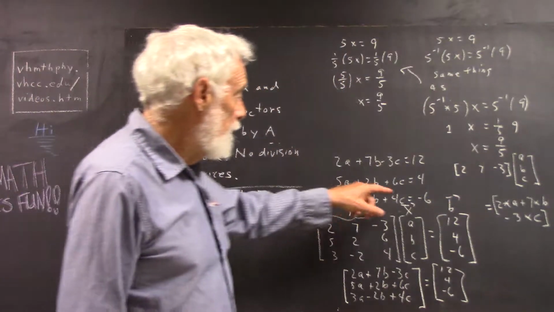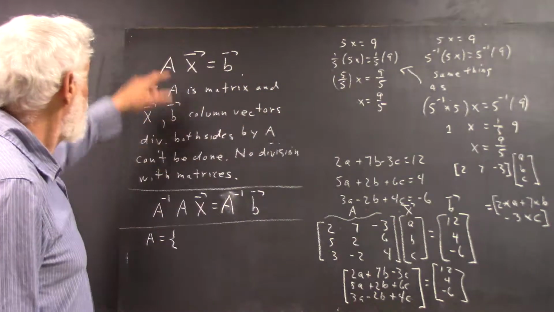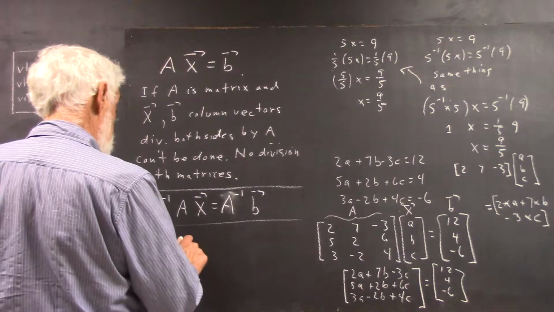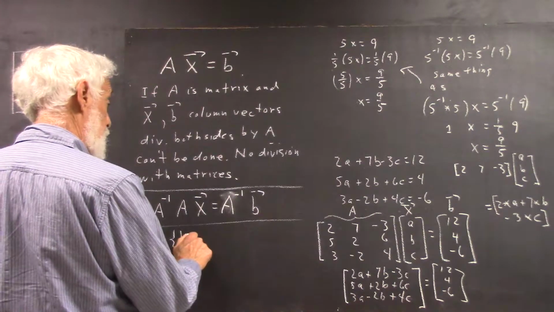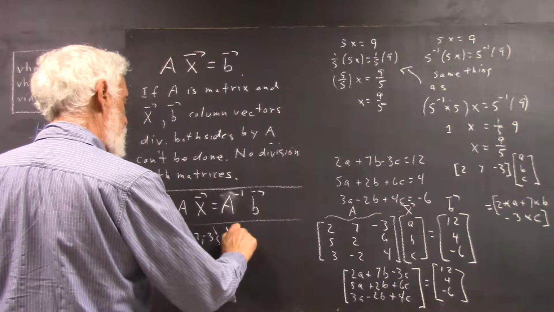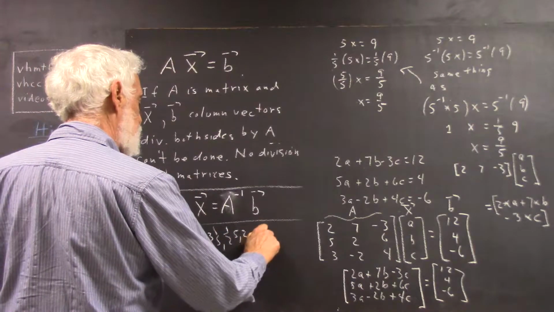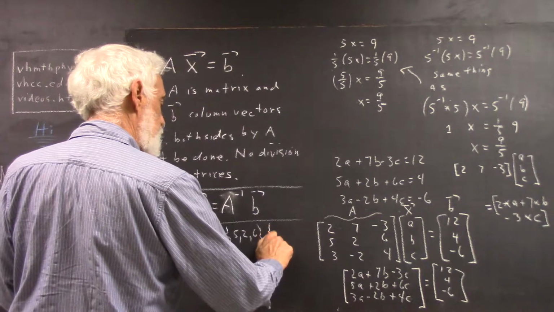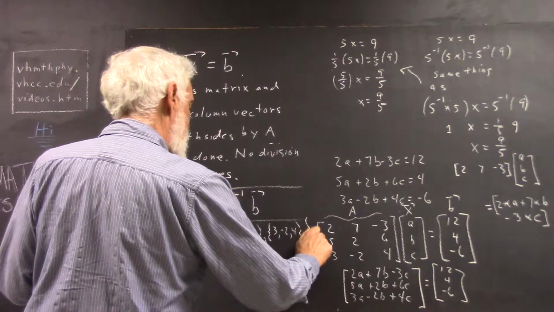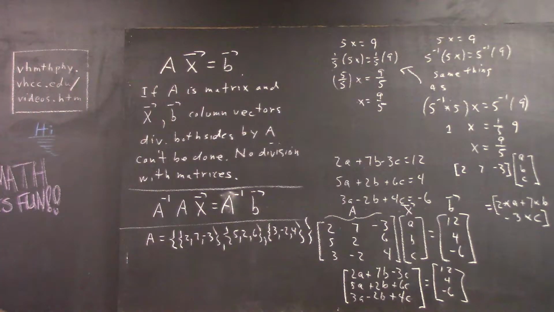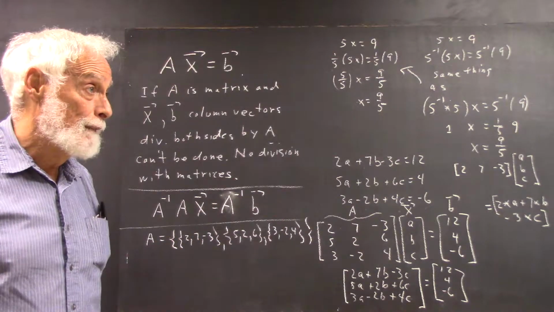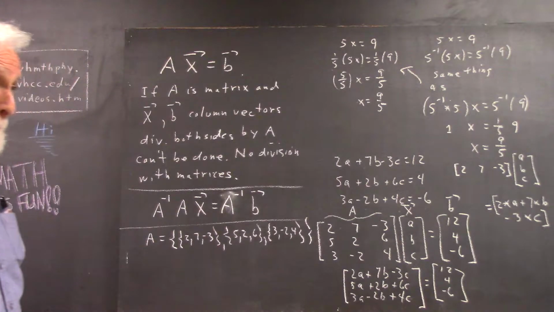This is AX equals B. So my A matrix, written in Wolfram Alpha, is going to be 2, 7, negative 3, 5, 2, 6, 3, negative 2, 4, and close up the braces so the syntax is right. That's how you type it in. That's easy. You just remember to put your braces in there.